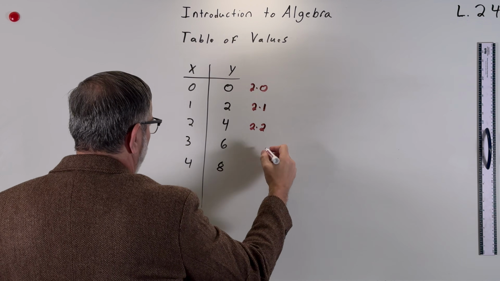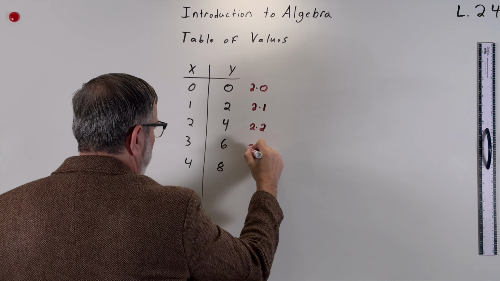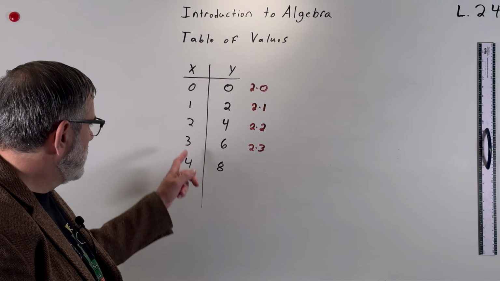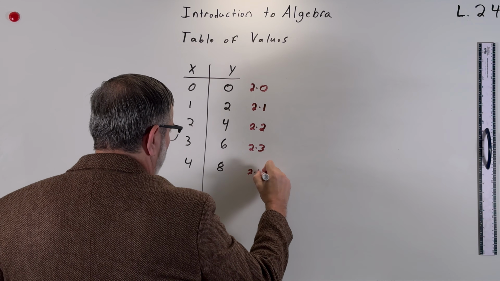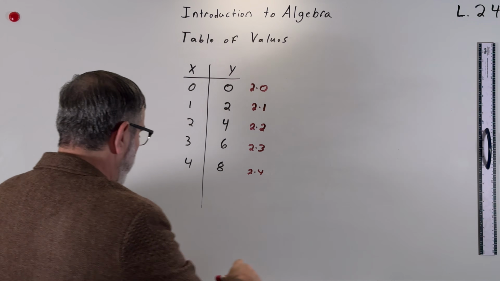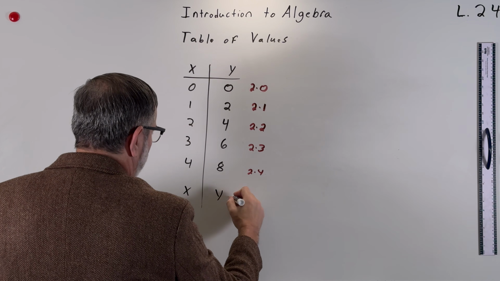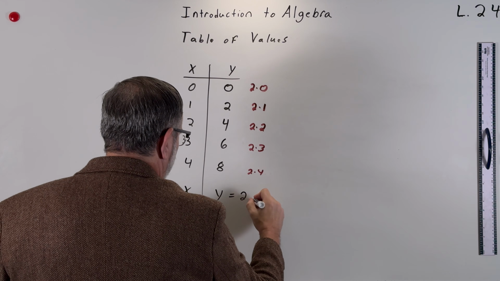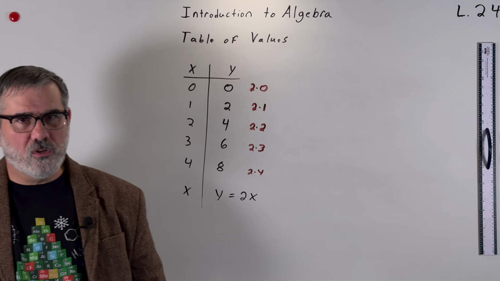Let's do it for the fourth row. x is 3, so we'll multiply 2 times it. 2 times 3 is 6, so it looks like we have a match here. Finally, 2 times 4 is 8, and so our rule that we've come up with is that for a given x value, the y value is equal to 2 times the x value. And that's the equation y equals 2x.